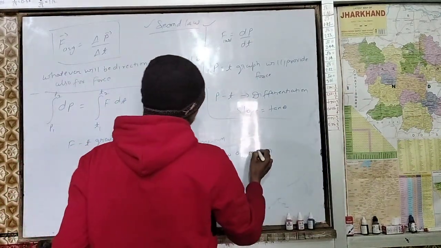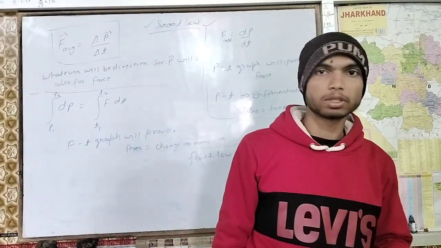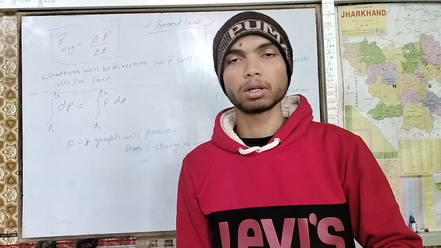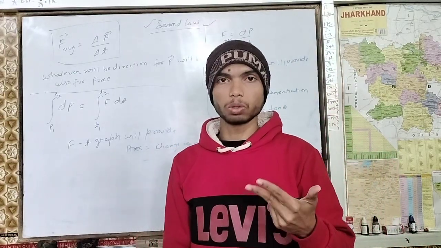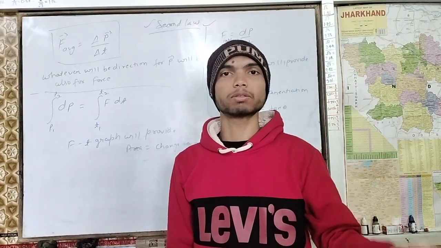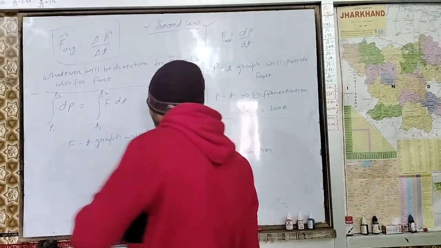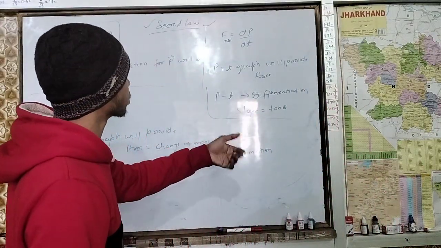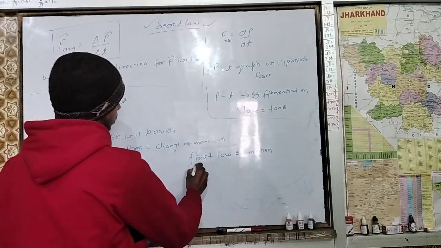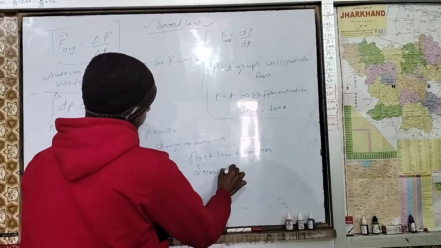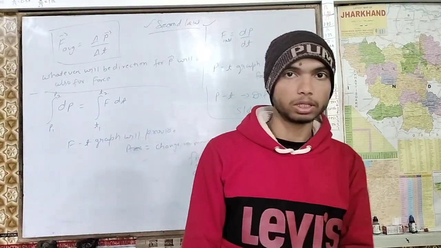It says that if we want to change the state of an object, then we will apply force. So the first law of motion is talking about external force, but the second law of motion tells you how much force.